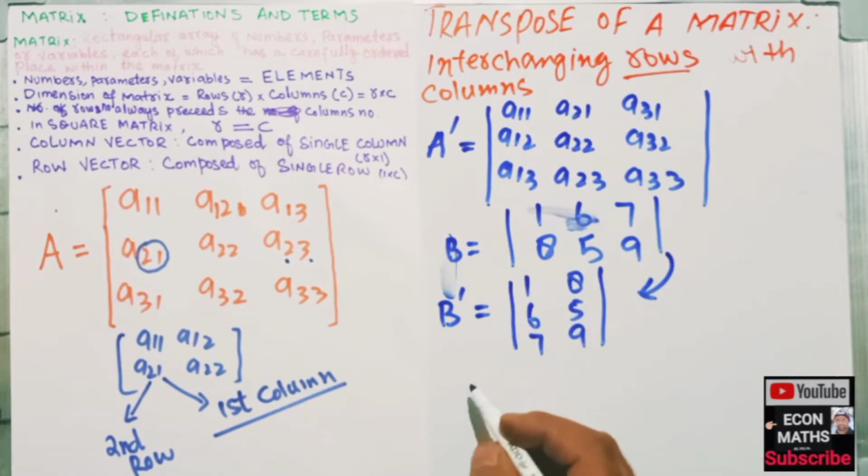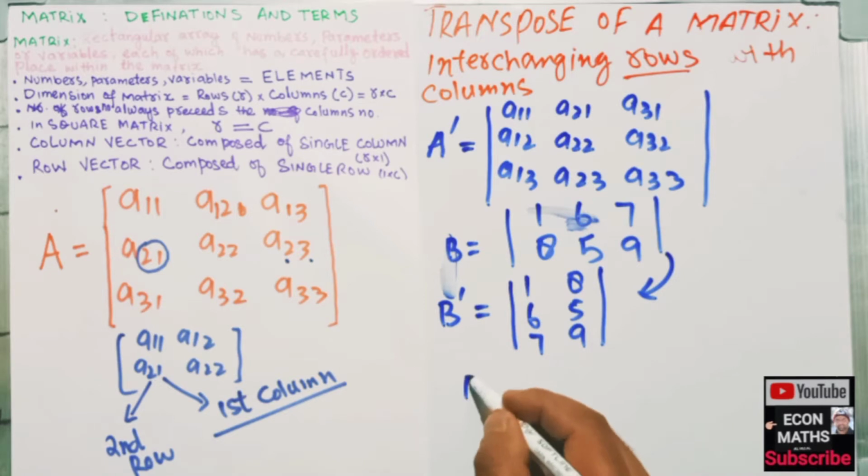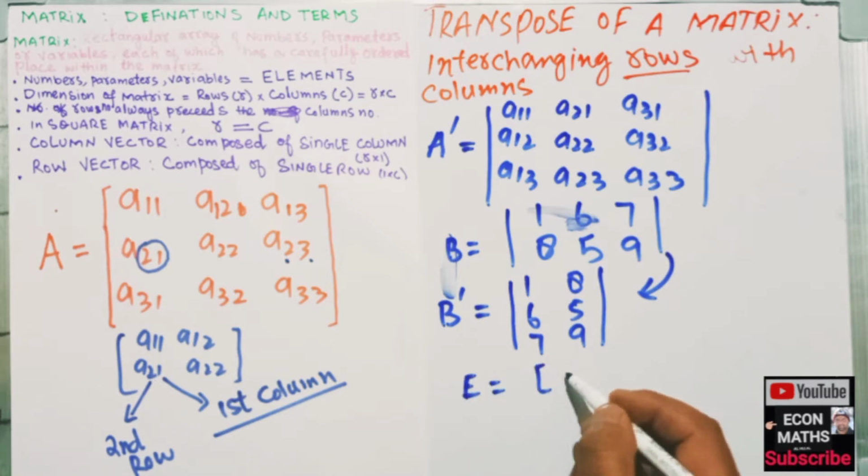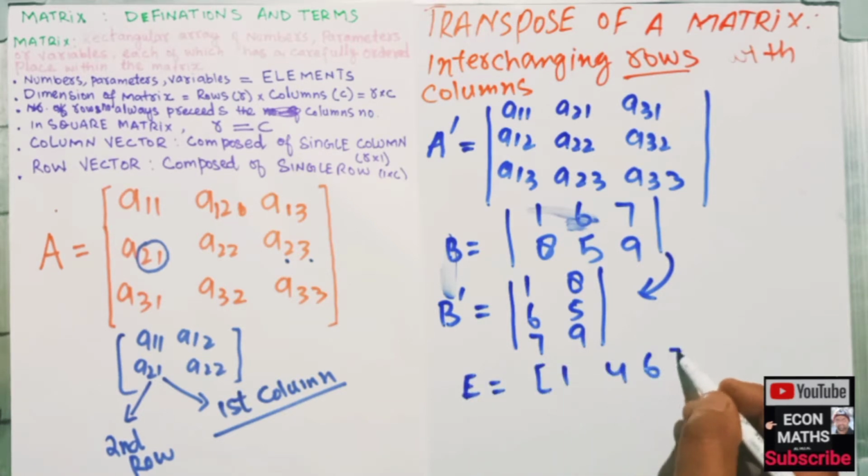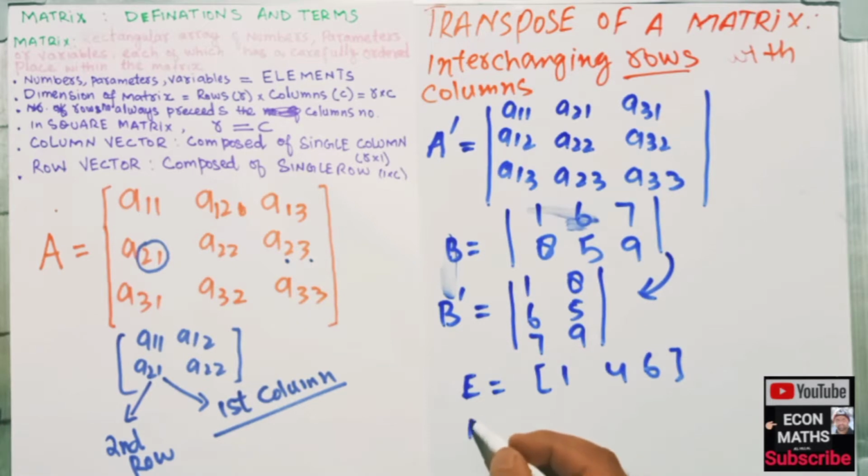Similarly, if I have another matrix, let us say E is equal to 1, 4, 6. Now the transpose of this is E dash. That means I will change it by column. So this will become 1, 4, 6. I have interchanged the positions here.